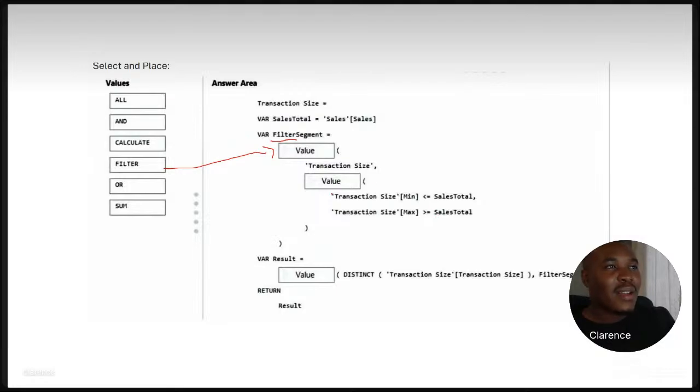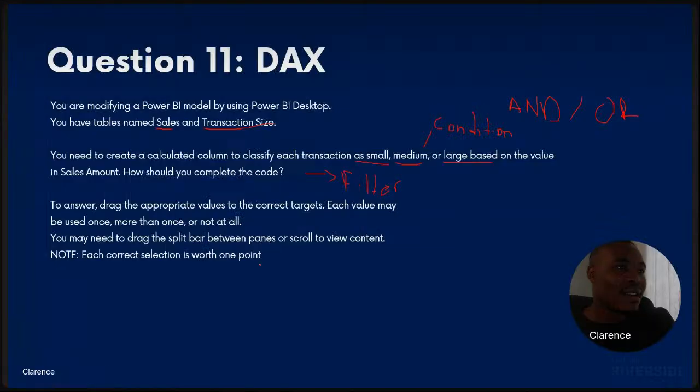For me, it sounds like we've got a condition over here. You've got two conditions, this and that. I would more likely use the and statement because we have two conditions. There is nothing giving me a clue of saying small, medium, or large. Okay, this could be another keyword.